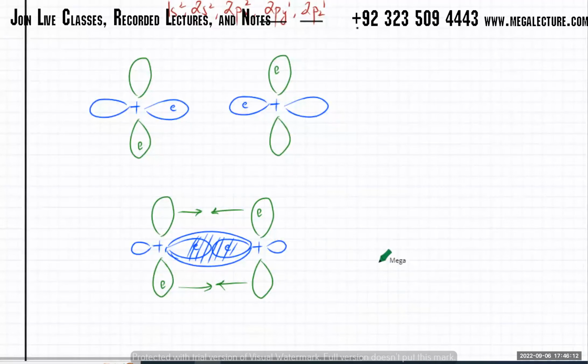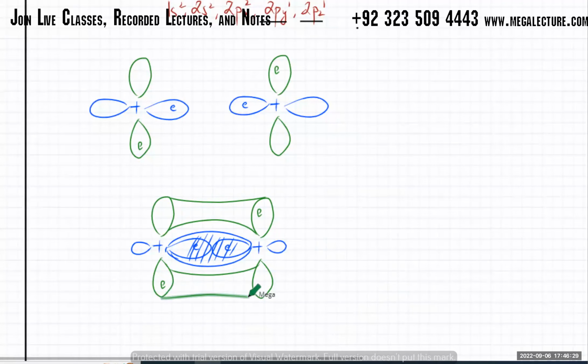So they'll start overlapping with each other, which means that the electron density will become maximum at the top and also in this bottom part. तो यहाँ पे electron density maximum होगी और उधर top पे भी electron density will become maximum.